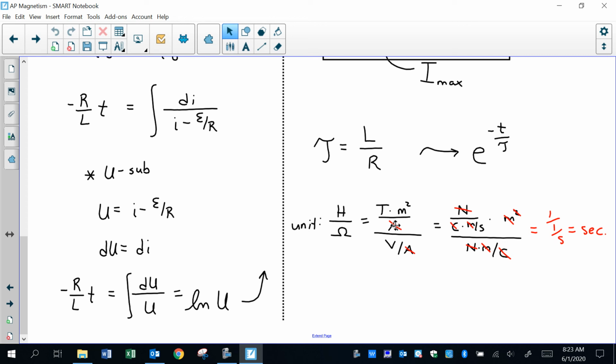Amp is coulombs per second, so this has a second in there. And as you go through, you get seconds. So like I said, you can go over that and see where that all comes from. So kind of seemingly unrelated.